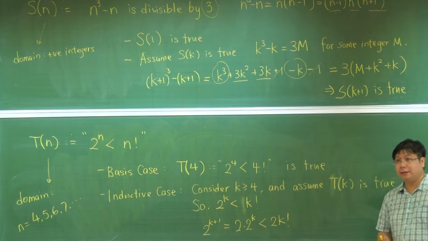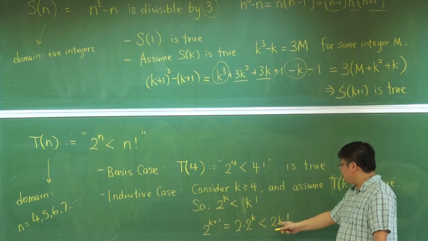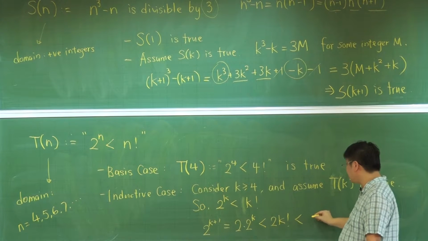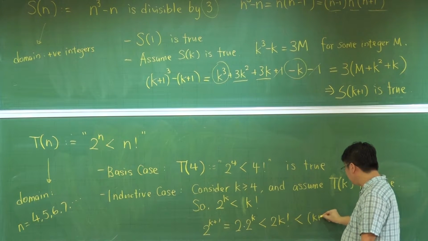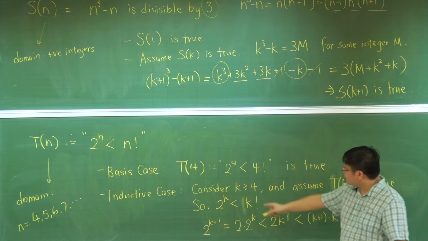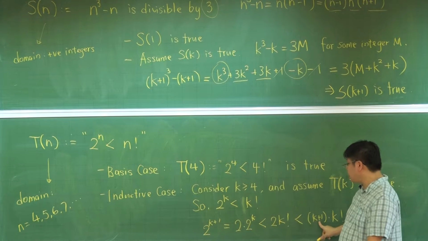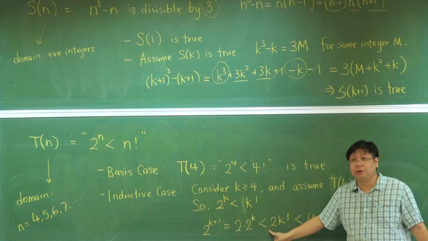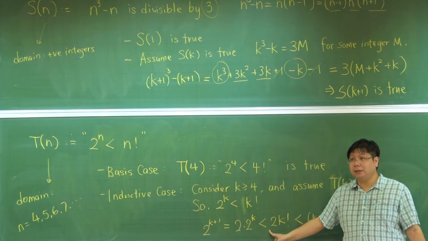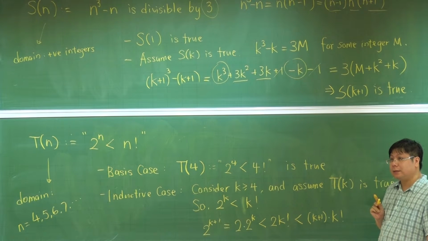Is that okay? And so this must be less than k plus 1 times k factorial. Because we are considering k to be greater than or equal to 4, k plus 1 will be greater than 2. So we can have this argument to be correct.